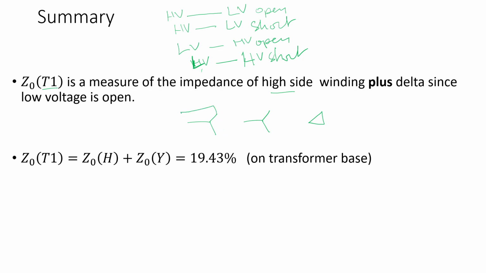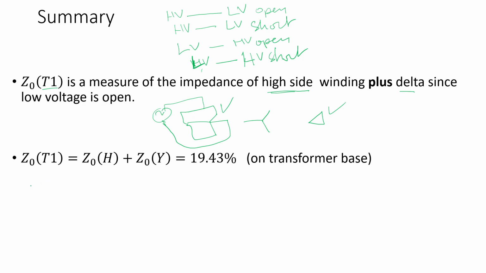So what I did, I shorted the high voltage, then I apply single phase voltage to here. So what's involved in this case? So this is in the circuit, this is not in the circuit because everything is open. But since this is a delta, it's closed, it's in the circuit. So that's why it's the high side winding plus the delta.